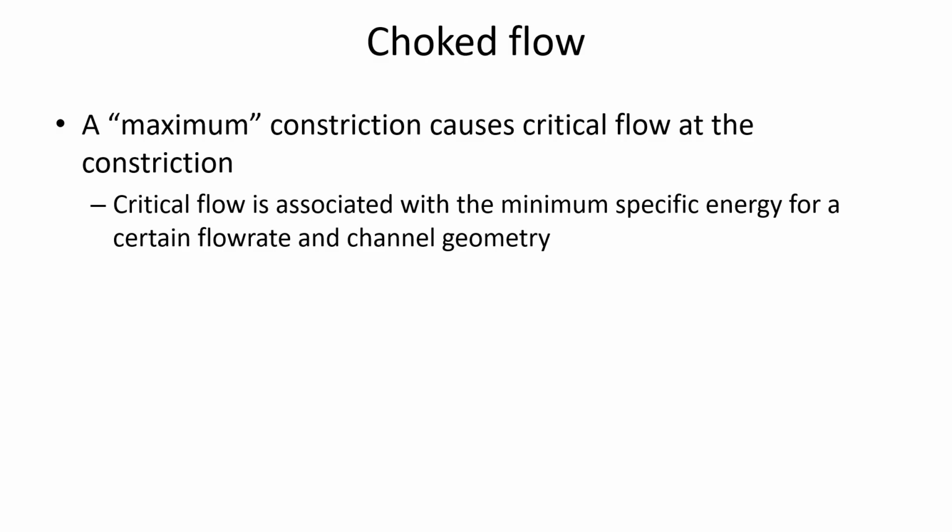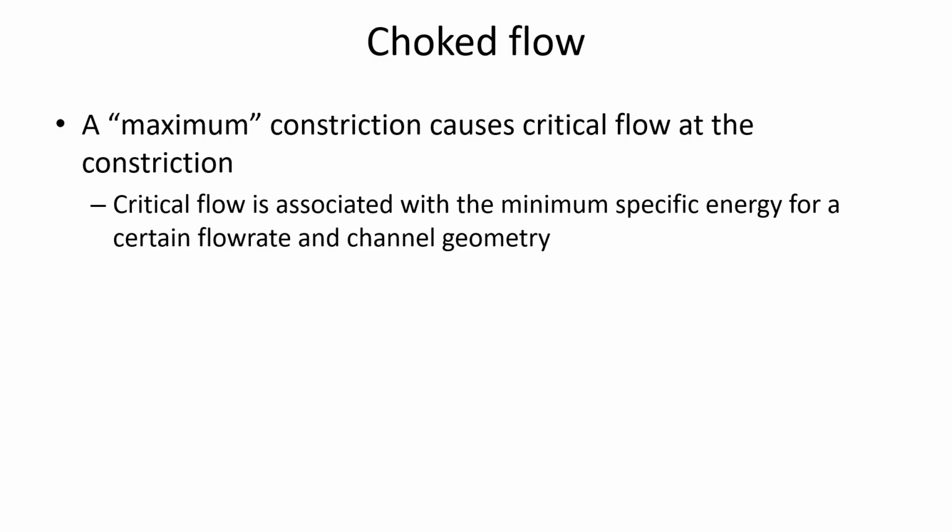To summarize some of the big ideas here, the maximum constriction forces critical flow. So that step height that's as big as it can be without causing pooling is the one that induces critical flow over the obstruction. And critical flow is associated with the minimum specific energy for a certain flow rate and channel geometry.